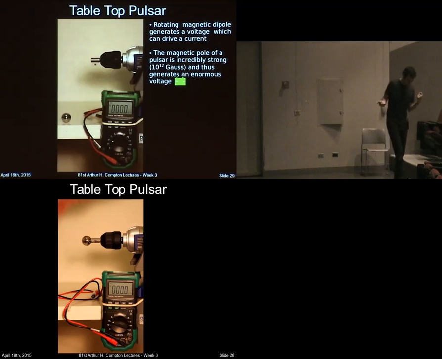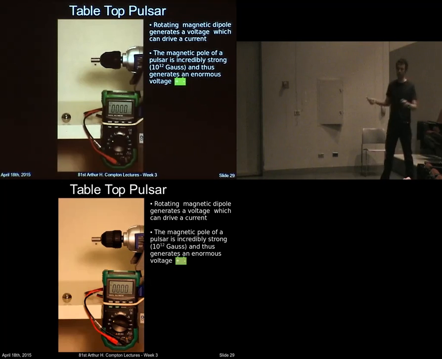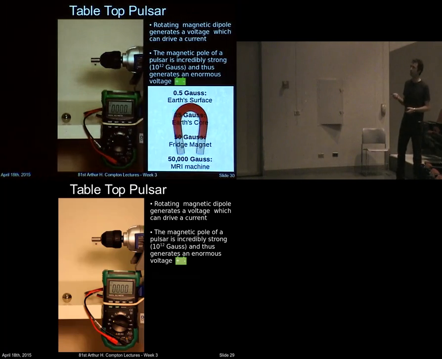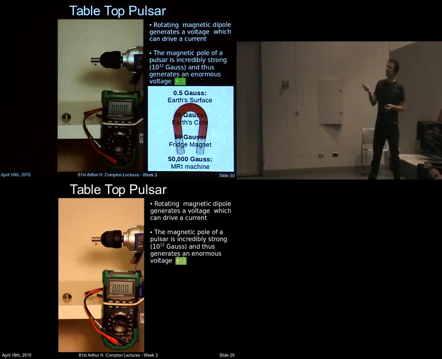Emil told me to give a sense of scale. I talk about how pulsars are incredibly strong, 10 to the 15 Gauss. Well, what does that mean? If you have a compass on the surface of the Earth, that compass needle reacts to the Earth's magnetic field at this distance, which is half a Gauss. If you managed to burrow into the Earth's core, you would feel about 25 Gauss.